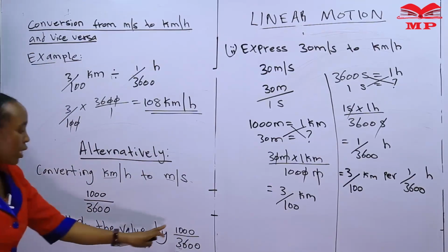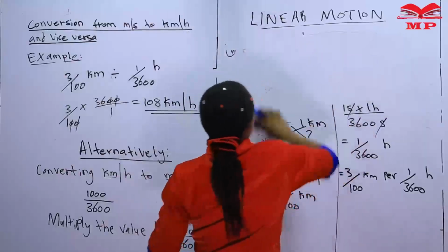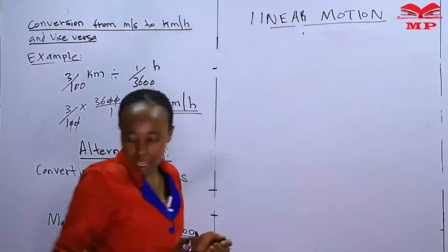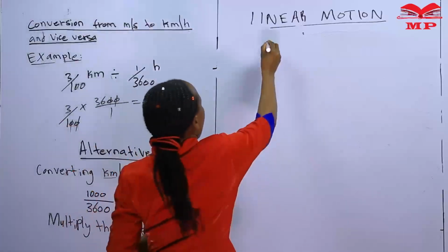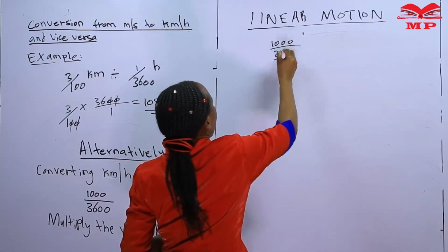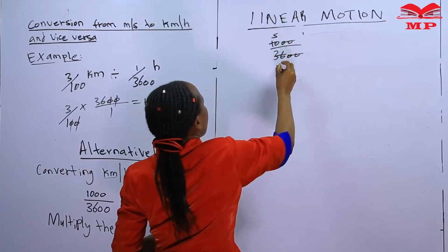And this one can be written in a simpler form, that is 1,000 over 3,600. We can write it in a simpler form, whereby we have 1,000 divided by 3,600. We have this 5, this is 18.